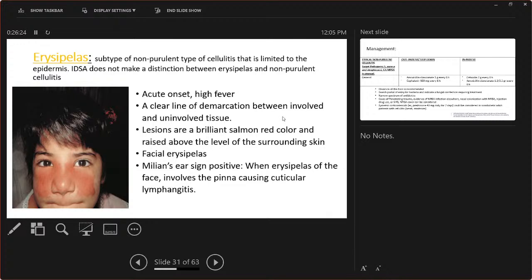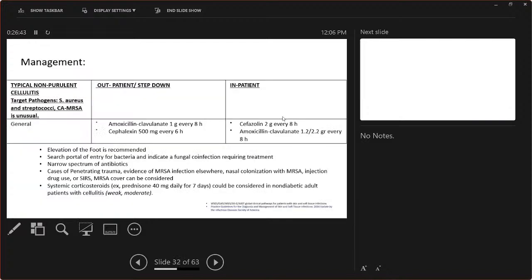This was a common viva question after surgery: when erysipelas of the face involves the pinna, it causes auricular lymphangitis. But if it is cellulitis, then it will not involve the pinna.